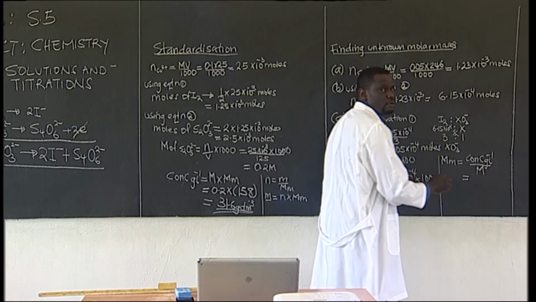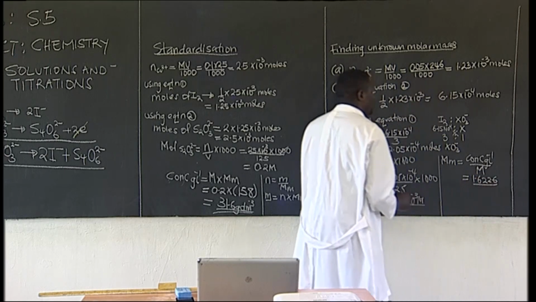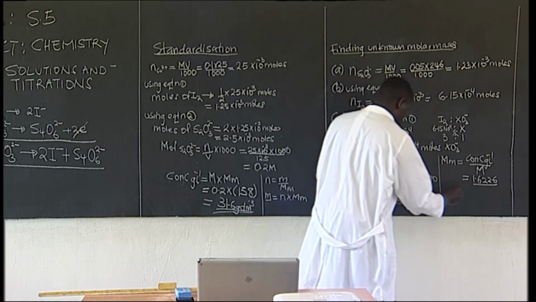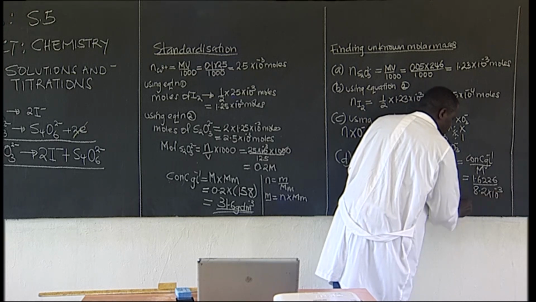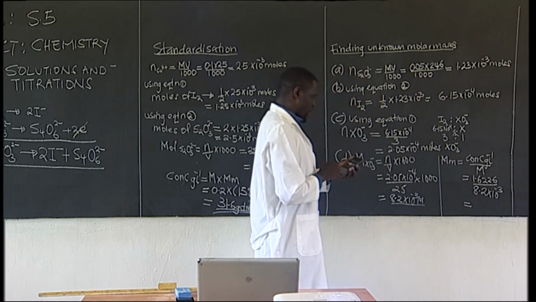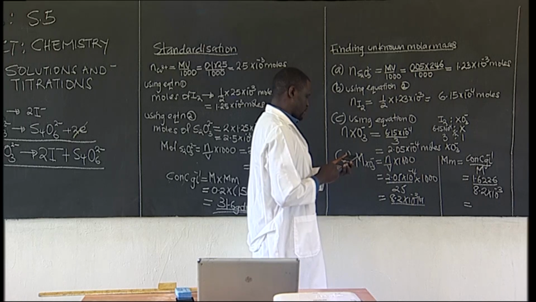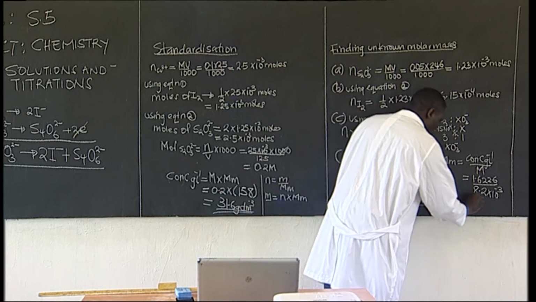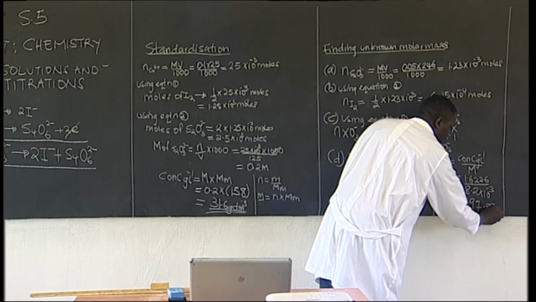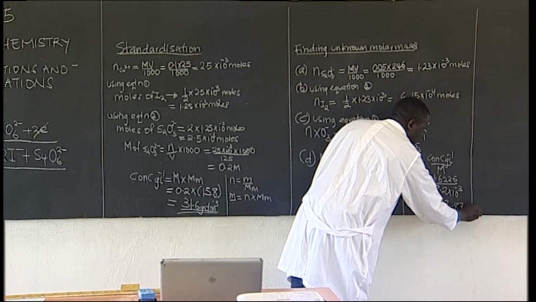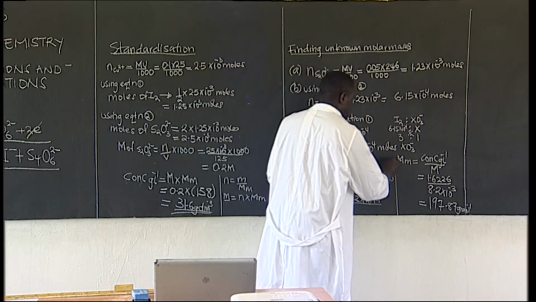So we have 1.6226 divided by 8.2 times 10 to the power negative 3. Our answer is 198.97 grams per mole. This is part E.